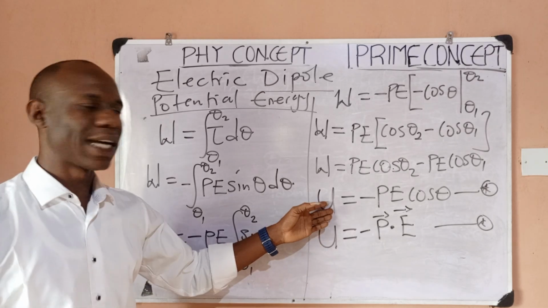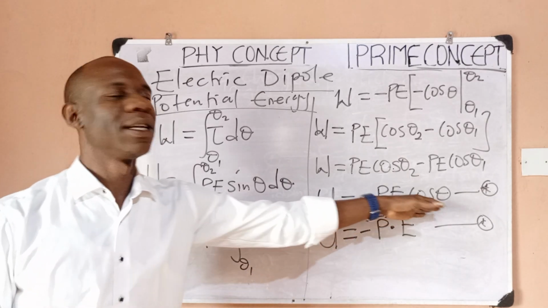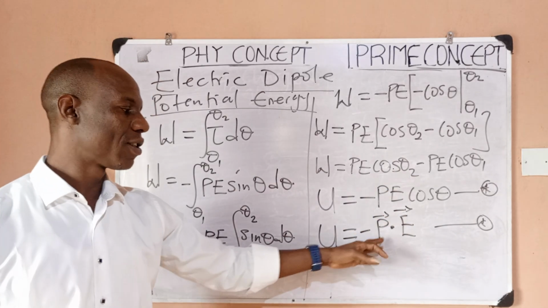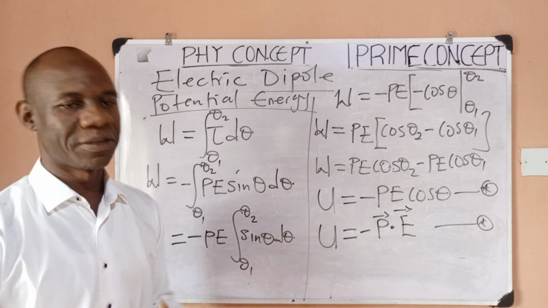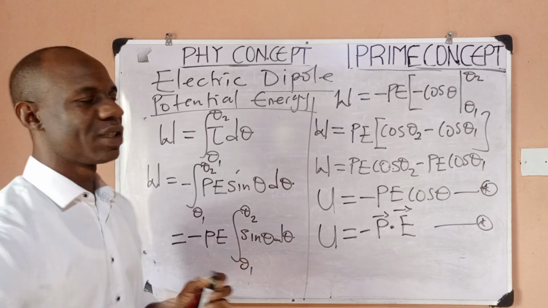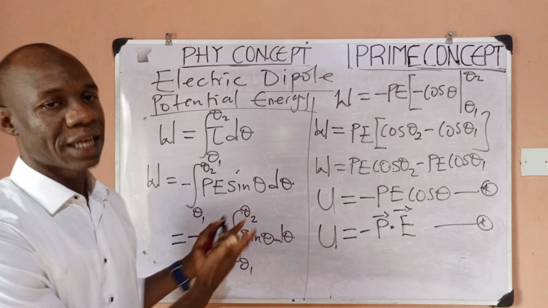My potential energy is minus PE cos theta or minus P dot E. I believe this concept is very clear. We have been able to derive about 3 or 4 formulas from this.